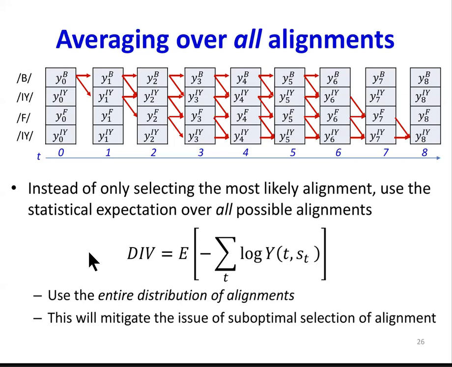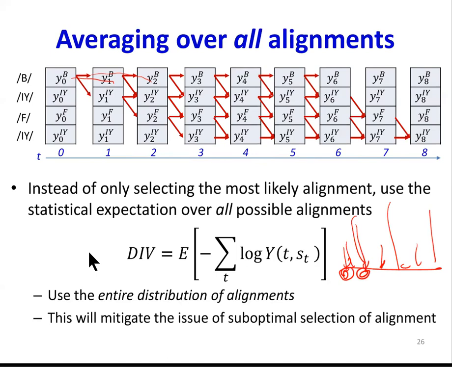Sure, no problem, right? So instead of committing to just one alignment, I'm going to look at this. Every alignment has a probability, right? So if I look at all of the alignments, there's a probability distribution over all alignments, correct? Okay. And so what I will do is compute the divergence for each alignment and weight it by the probability of that alignment.